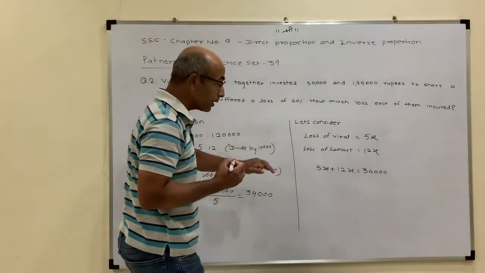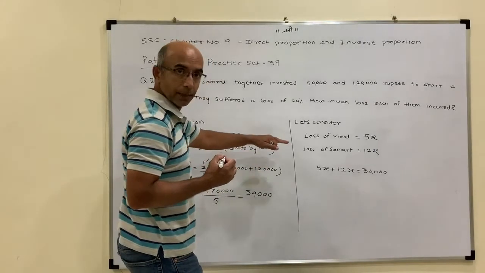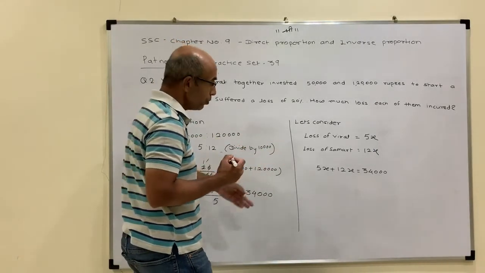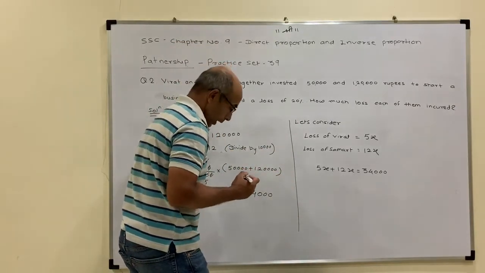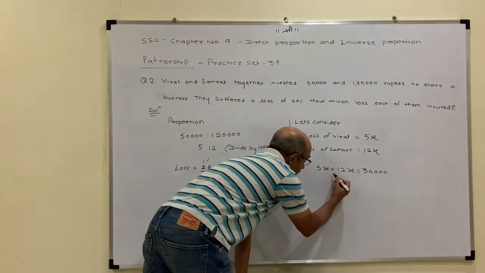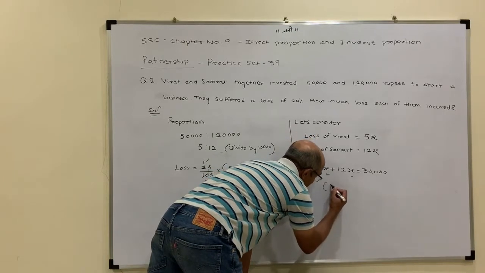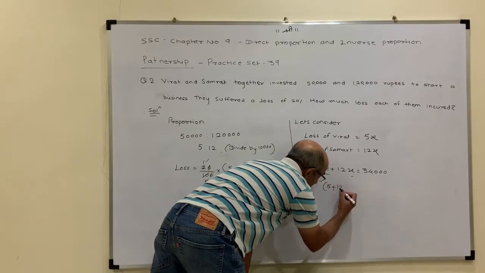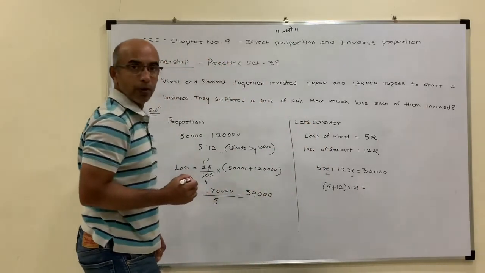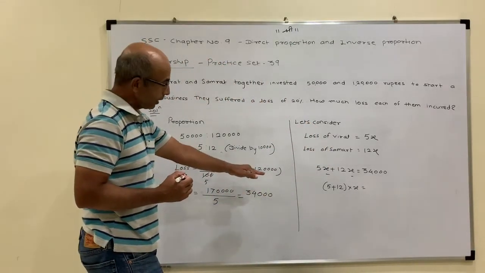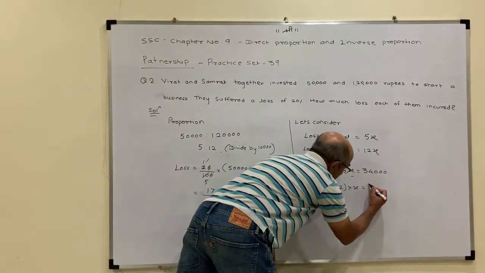If the algebraic equation is not clear to you, I'll do that step in this problem particularly. Now I'll take 5 plus 12 into x, property of associativity. Yeah, so now 34,000.